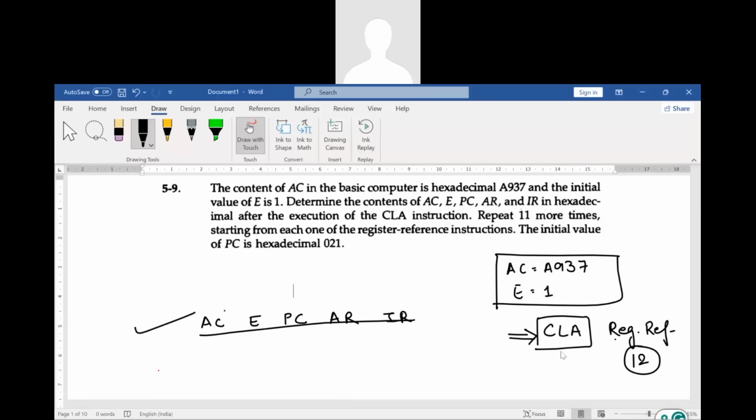Clear accumulator, clear E, complement accumulator, complement E, then circular shift right, circular shift left, increment, 4 types of skips, and halt. For each of these, we have to execute the register reference instruction in context of the initial values given to you, and then determine the value of each of the registers and flip-flops mentioned here.